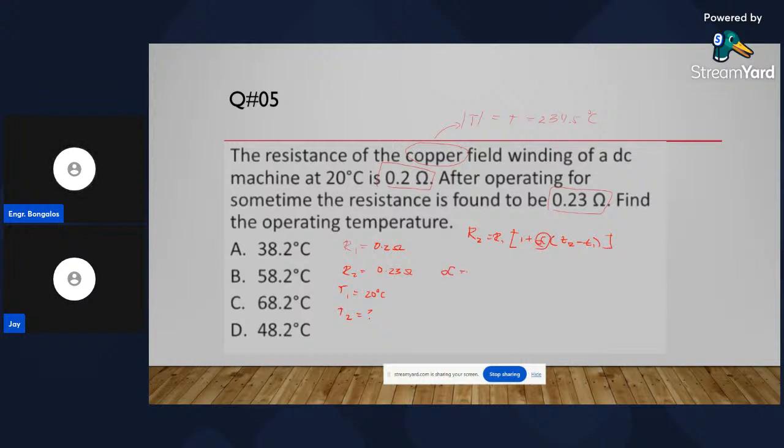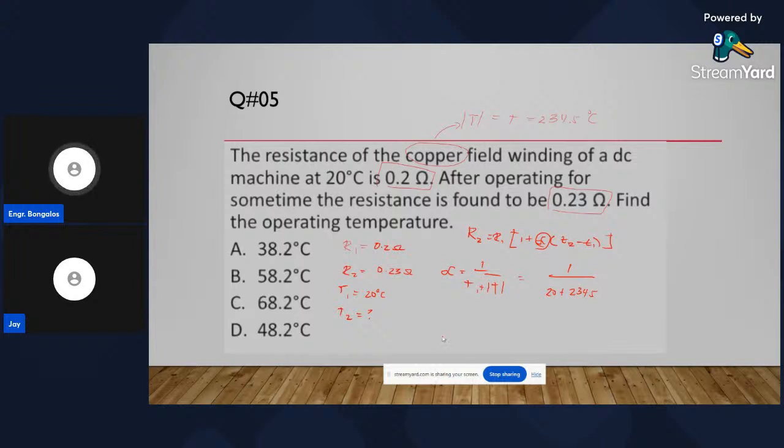Yung alpha natin is 1 over T1 plus yung absolute T or yung inferred temperature. So, meron tayong 1 over, first temperature natin is 20 plus 234.5.